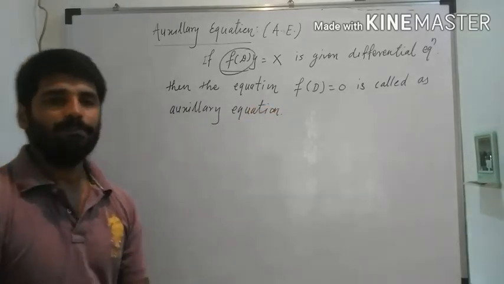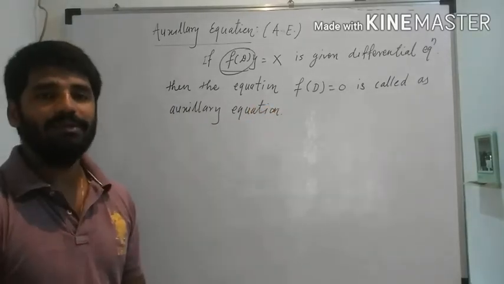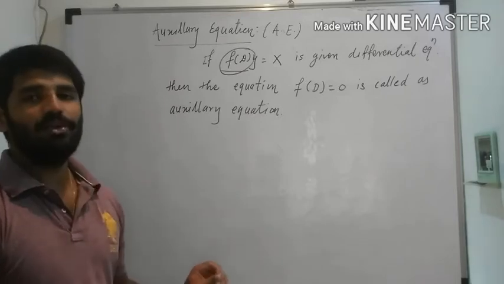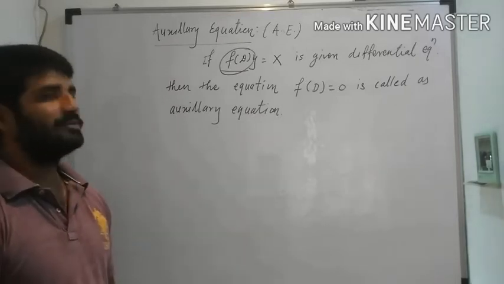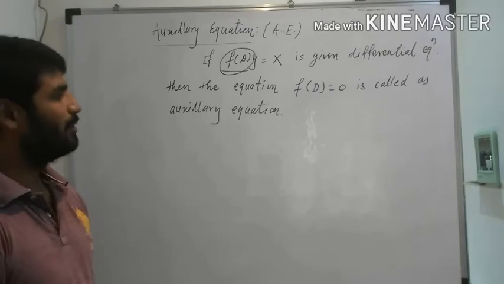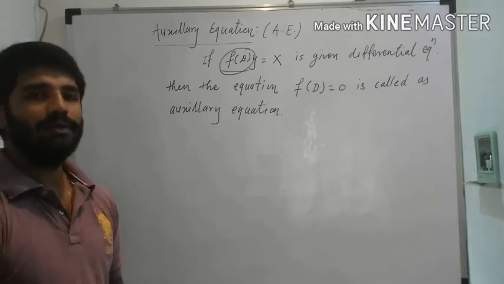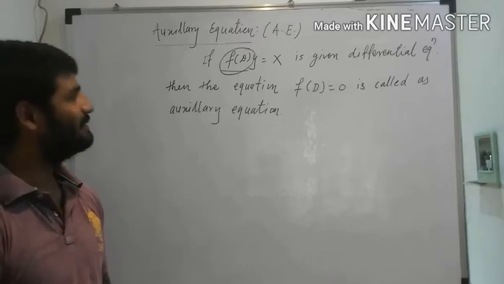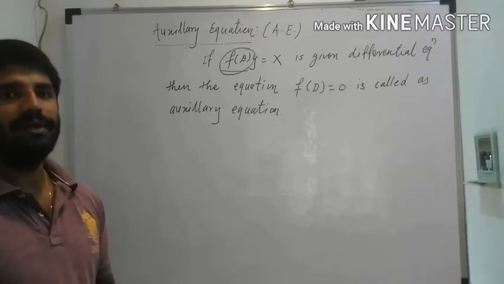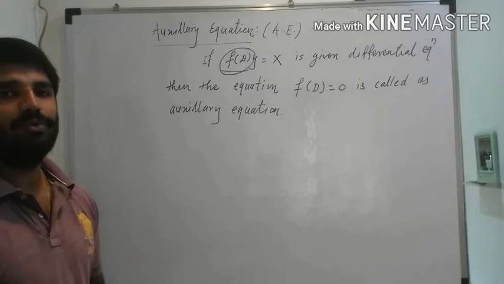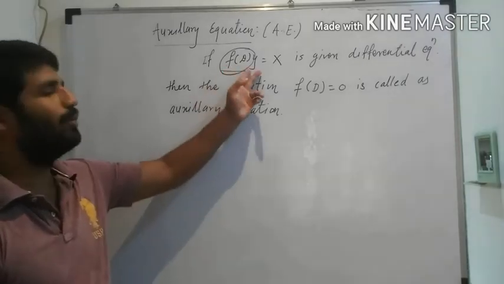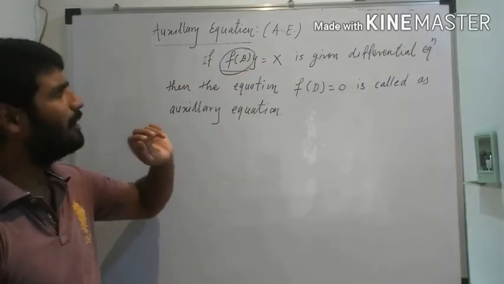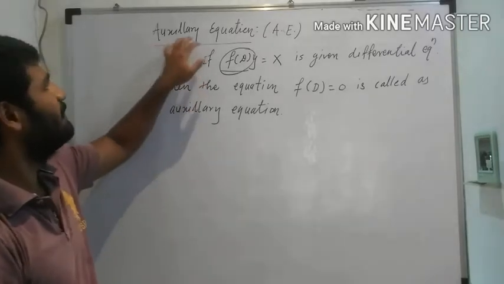Now see once again, first we have to define linear differential equation. After that we will see the definition of linear differential equation with constant coefficients. After that we have to define a new operator, we can call it the differential operator capital D, that is equal to d by dx, and using this differential operator we reduce equation number 1 to the form f of D into y is equal to capital X. Now after that we have to define auxiliary equation.